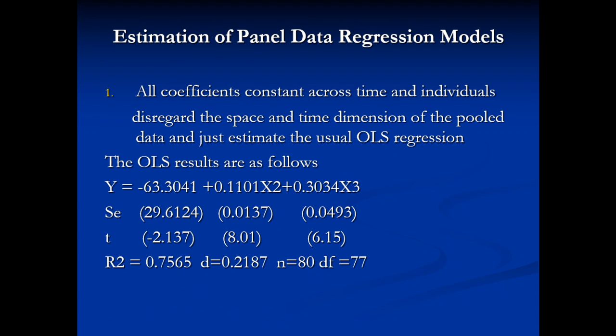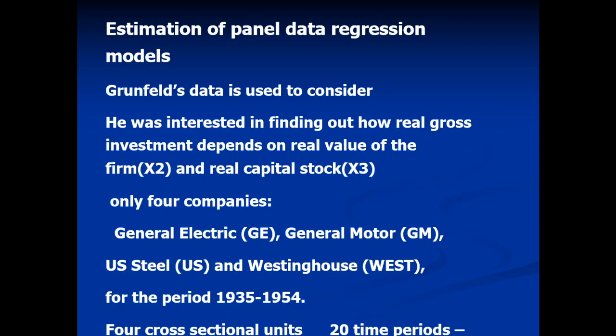So this is the first case. All coefficients constant across time and individuals. Disregard the space and time dimension of the pooled data and just estimate the usual OLS regression. So here we are using what you have already studied, that is the OLS model. First you will write the data of the first company, maybe General Electric, from 1935 to 1954: what is Y, X2 and X3.